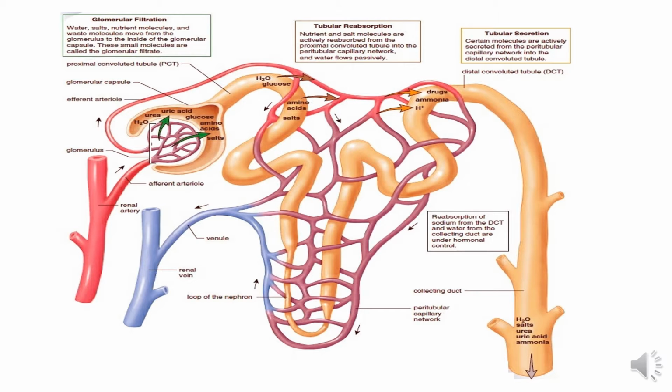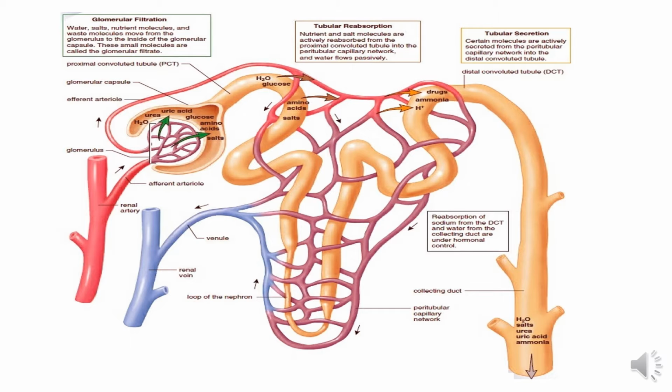In tubular secretion, certain molecules are actively secreted from the peritubular capillary network into the distal convoluted tubule, with reabsorption of sodium from the distal convoluted tubule and water to the collecting duct under normal conditions.